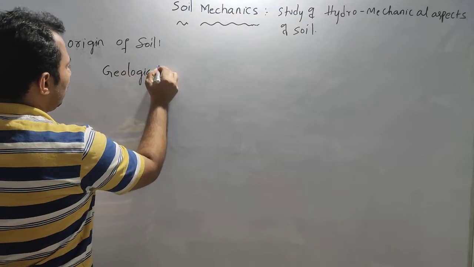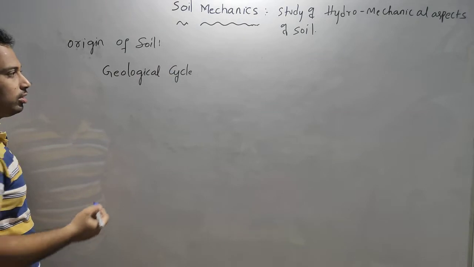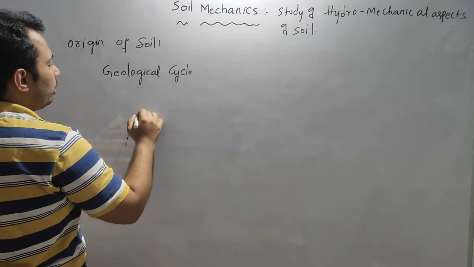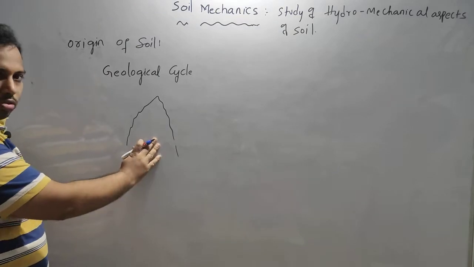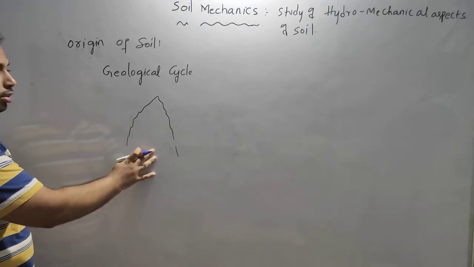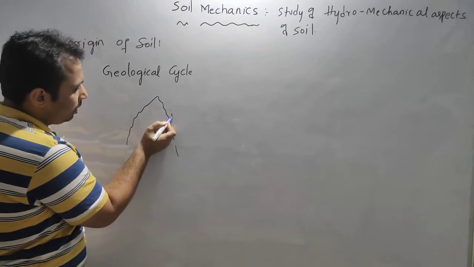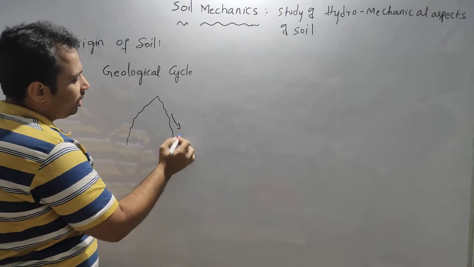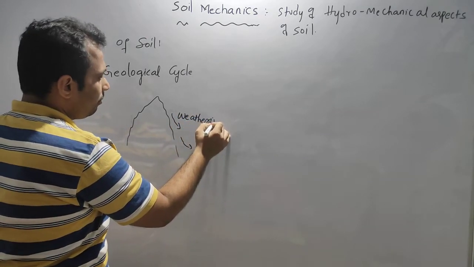See, the geological cycle is nothing but, when there are mountains like this, the mountains are the source of the generation of soil. So this is the source. From here, weathering takes place. What weathering is and all, we will discuss in detail.